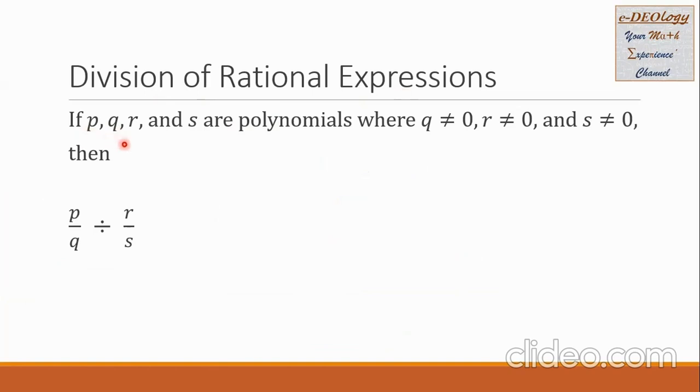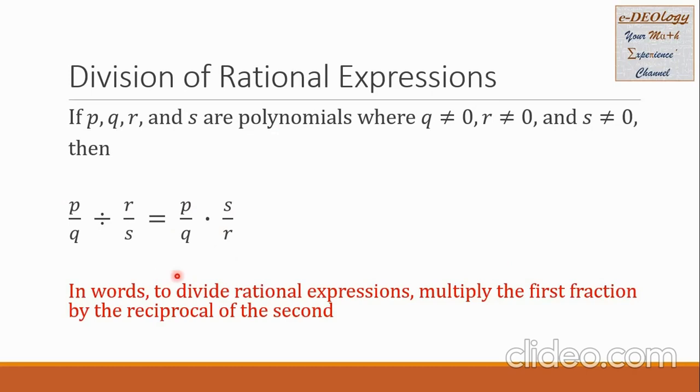If P, Q, R, and S are polynomials, where Q is not equal to 0, R is not equal to 0, and S is not equal to 0, then the rational expression P over Q divided by another rational expression R over S is equal to P over Q times S over R.